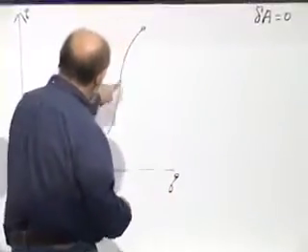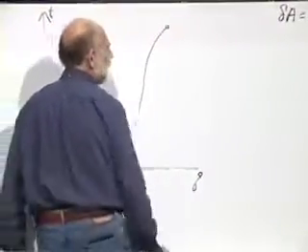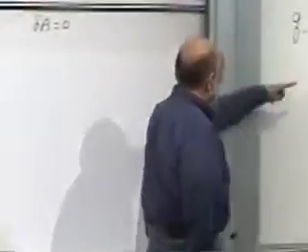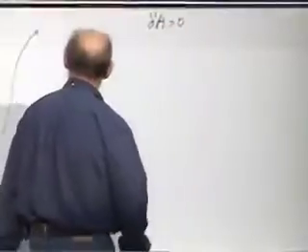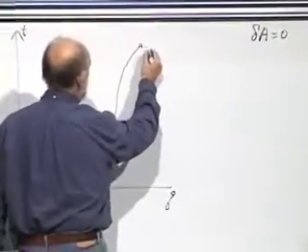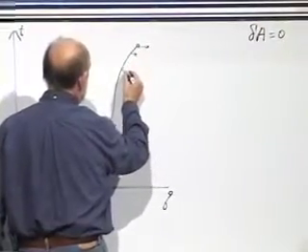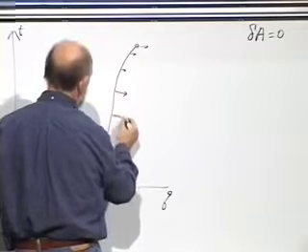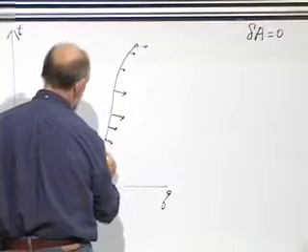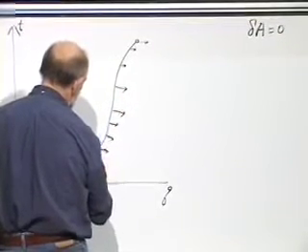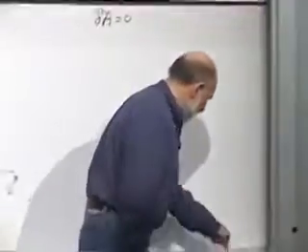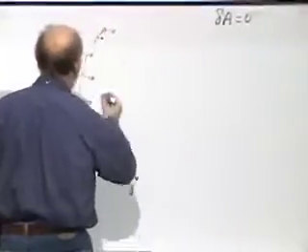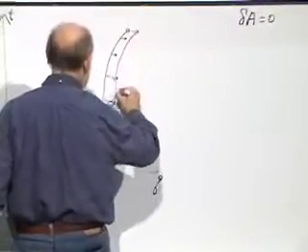Whatever it does, it moves each point along the trajectory by amount epsilon times f of q. All right, so I'll just draw that by drawing a little arrow here, displacing the trajectory depending on where the... And so it takes you to some new trajectory. The symmetry operation takes you to a new trajectory.